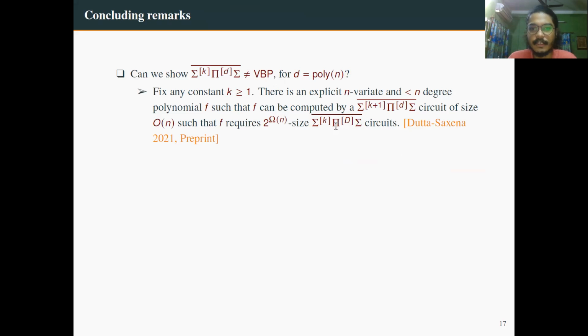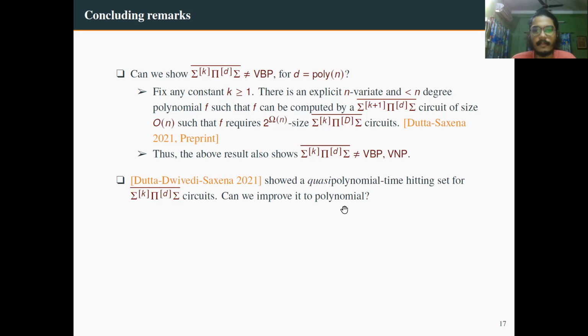There are circuits which can be computed by sigma pi sigma with top fan-in k+1 bar, but it requires exponential size circuits if you want to compute it with fan-in k. And this, of course, obviously shows this is not equal to VVP, VNP, and so on.